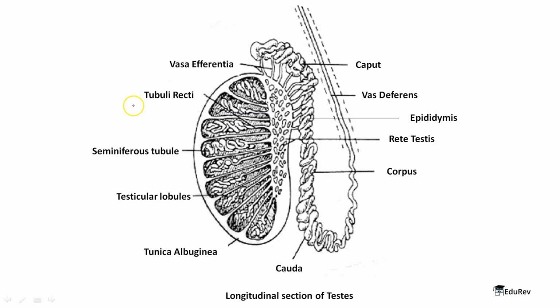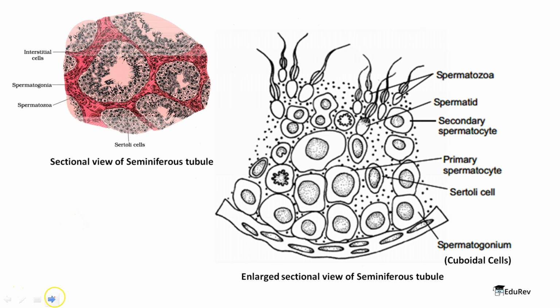Now let's move forward. We know that formation of sperms takes place inside the seminiferous tubule. So let us study the structure of the seminiferous tubule. In one lobule, that is the testicular lobule, we have 1 to 3 seminiferous tubules, right? And this tubule is lined with 2 types of cells. The first type is the cuboidal cells in the germinal epithelium.